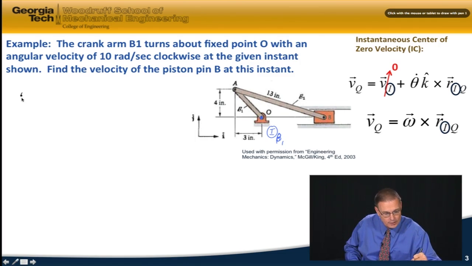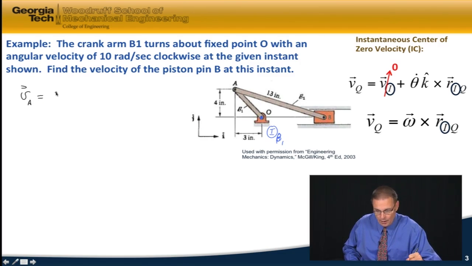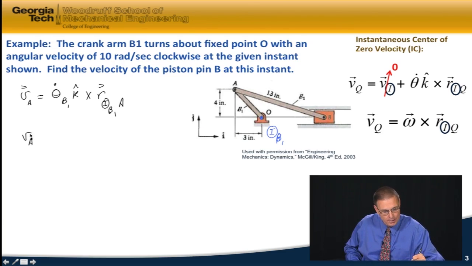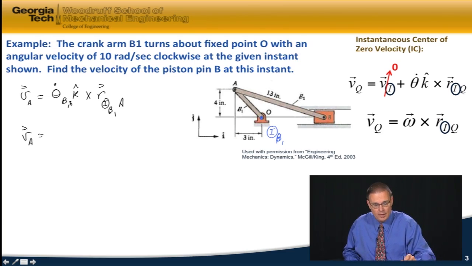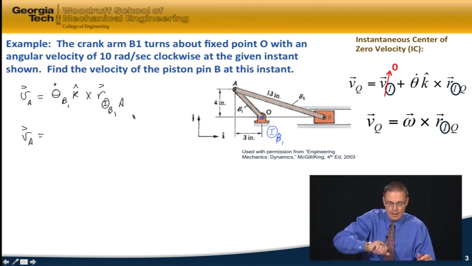The velocity of A is equal to theta dot B1 in the K direction crossed with R from the IC of body B1 to point A. Theta dot B1 is 10 clockwise, which is in the minus K direction.